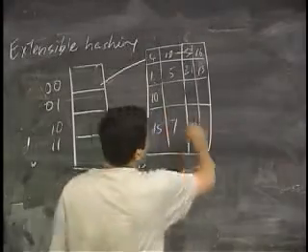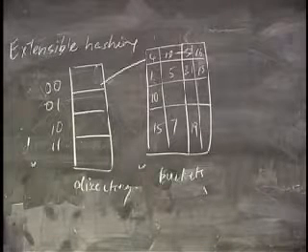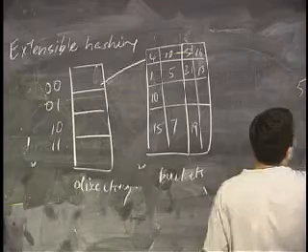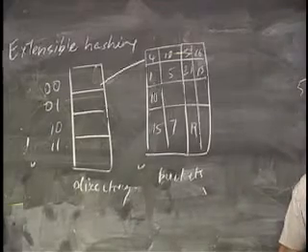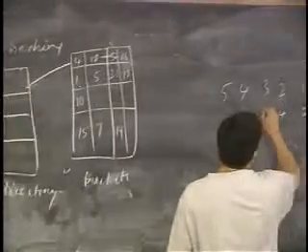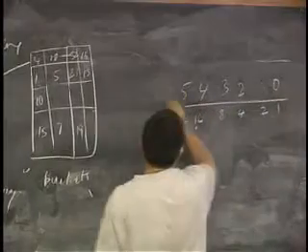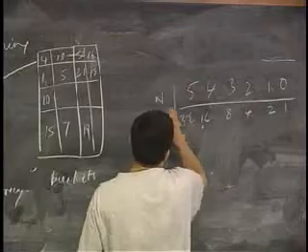So what is being done is, let me write this also: 0, 1, 2, 3, 4, 5. This is 1, 2, 4, 8, 16, 32. So this is n, and this is 2 to the power n.